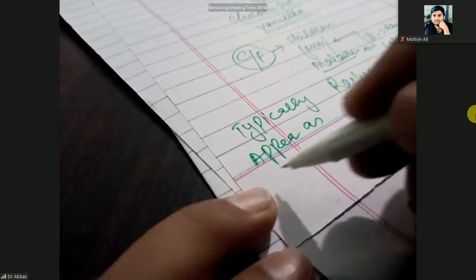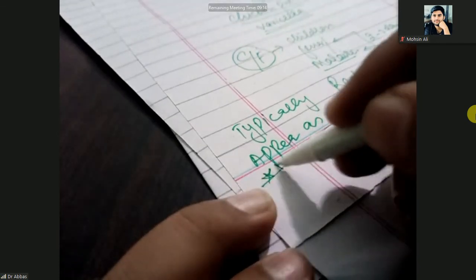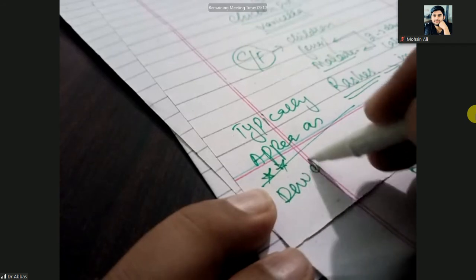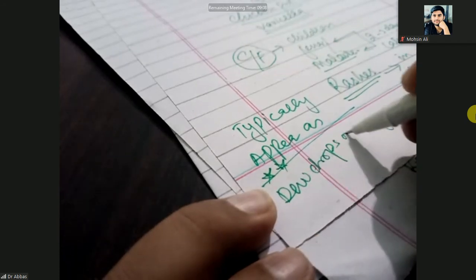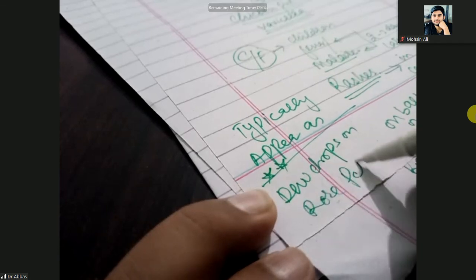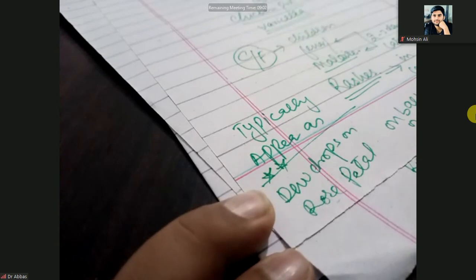This is the important line, I'm making a big star here: dew drops on a rose petal. If your body is a rose petal, look, this is the head, neck and back.